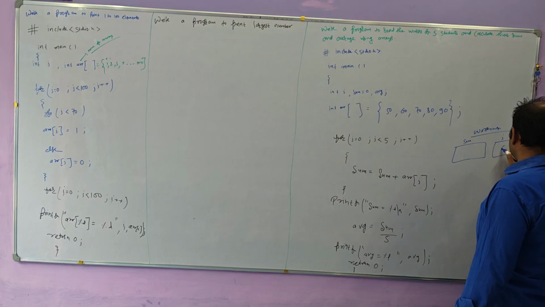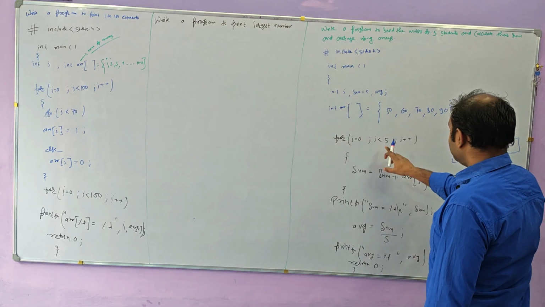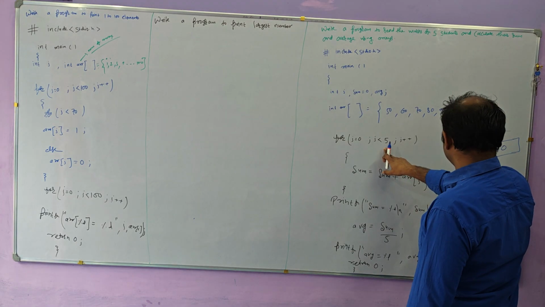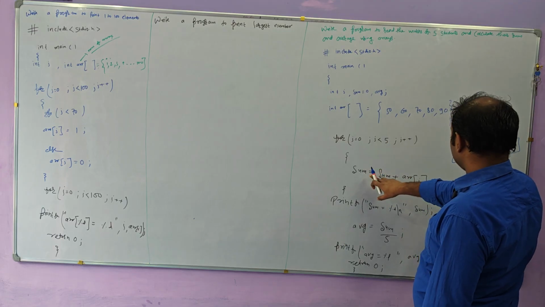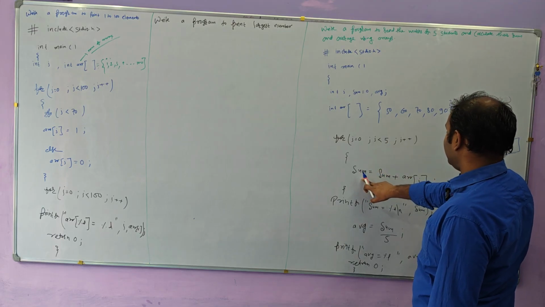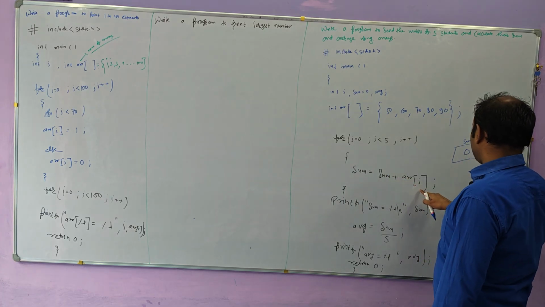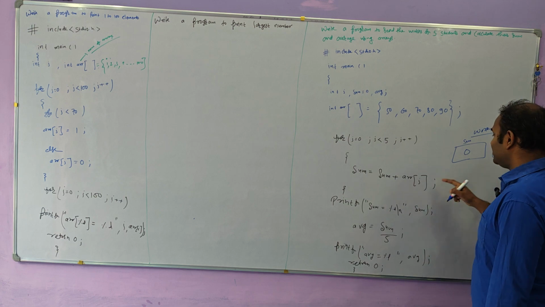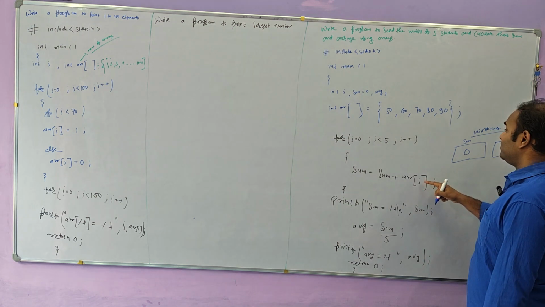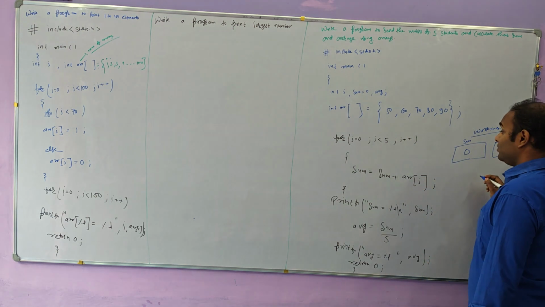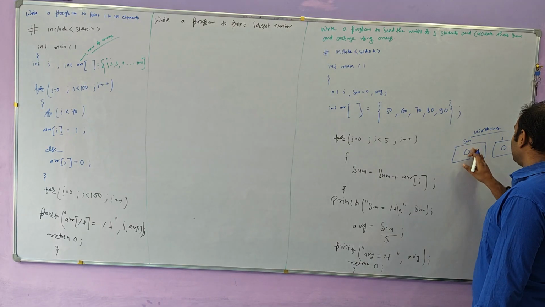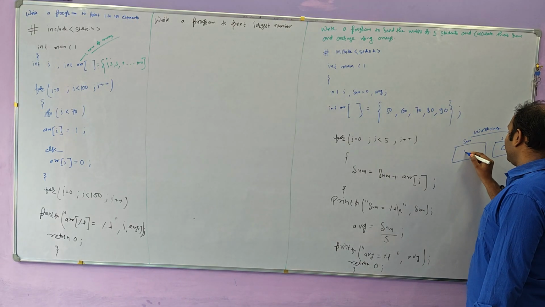Firstly, i is equal to 0. 0 is less than 5, yes. In the statement, sum is equal to sum, we have a 0. 0 plus AR of i, AR of 0 is equal to what? 50. So now it will store the value 50.